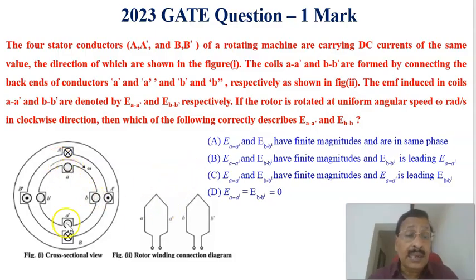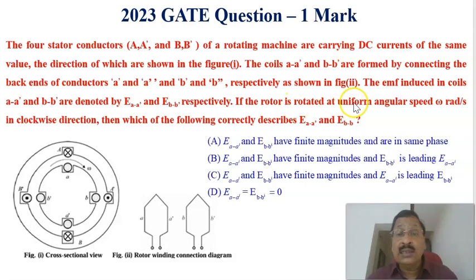The EMFs induced in these coils are represented by e_aa dash and e_bb dash, the induced voltages in coils aa dash and bb dash.